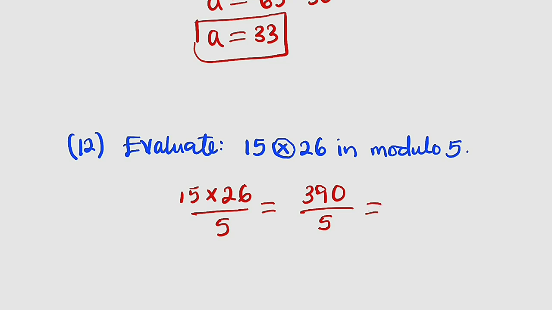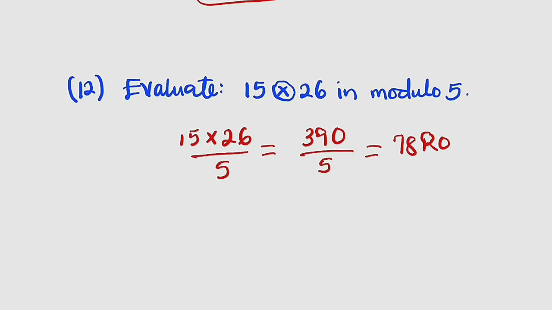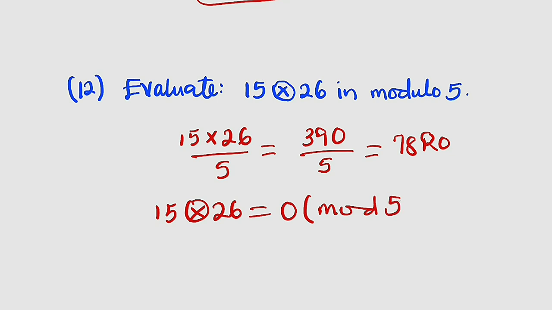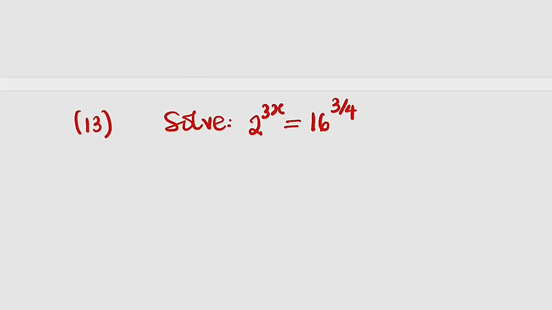This is equal to 78 with no remainder. No remainder. Therefore, we say that 15 multiplied by 26 is equal to 0 in what? Mod 5. Let us move on to question number 13.